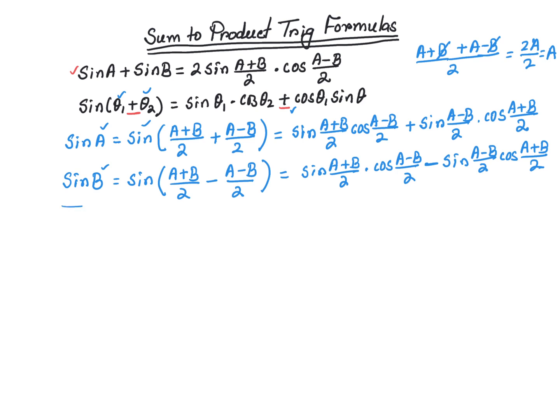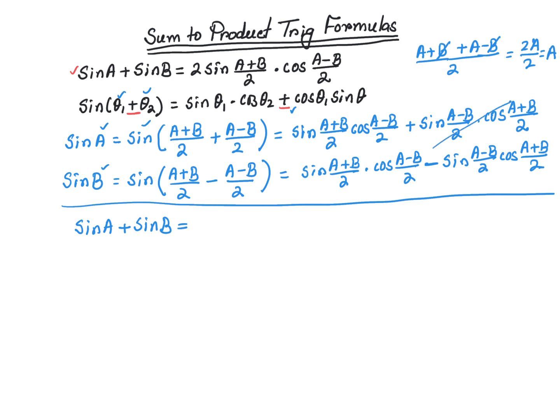Now if I add these two things, what I get is this. On the left hand side, I'm going to get sine of A plus sine of B. That is going to be equal to, now note that this and this are going to cancel out because one is positive, another is negative.